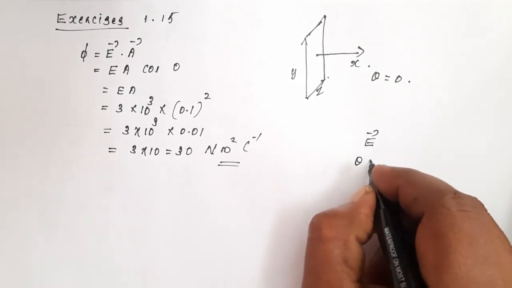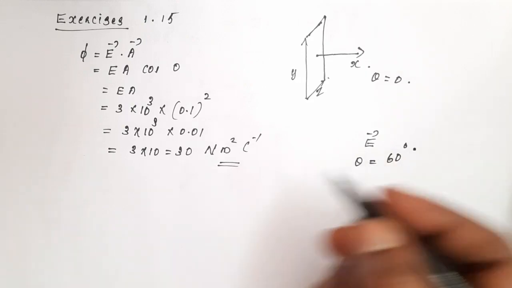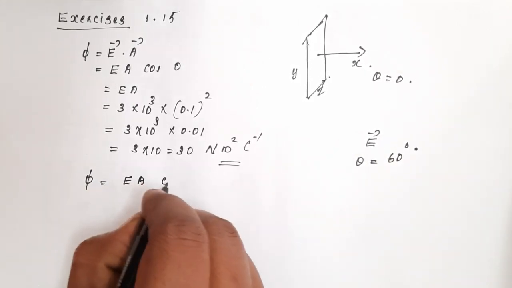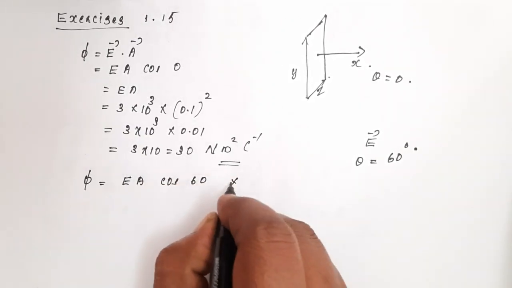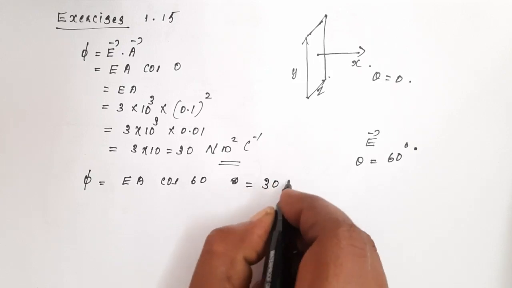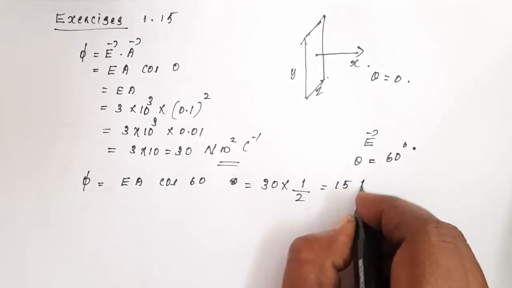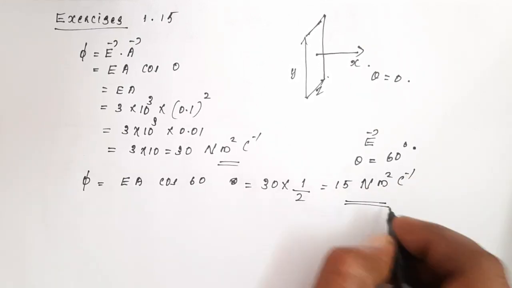In short, theta is equal to 60 degree. So in that new situation, phi becomes EA cos 60. EA is 30. 30 into cos 60, which is 1 by 2, so the answer becomes 15 Newton meter square per Coulomb.